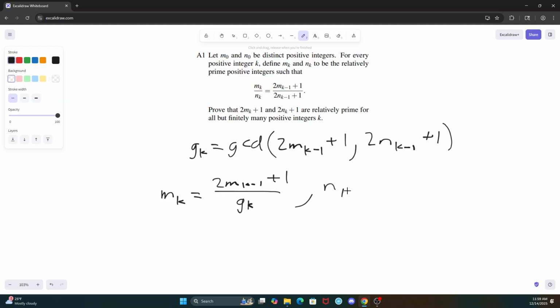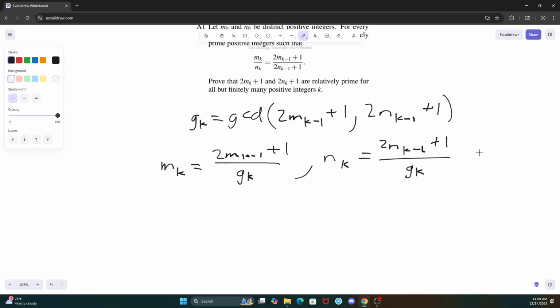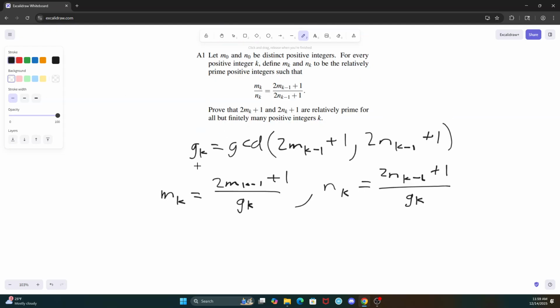And we can do that with n sub k in a similar way, also writing out the greatest common divisor in this way.